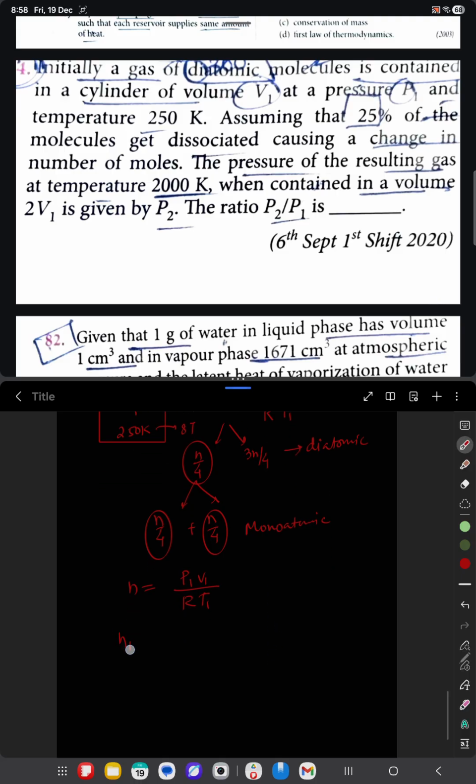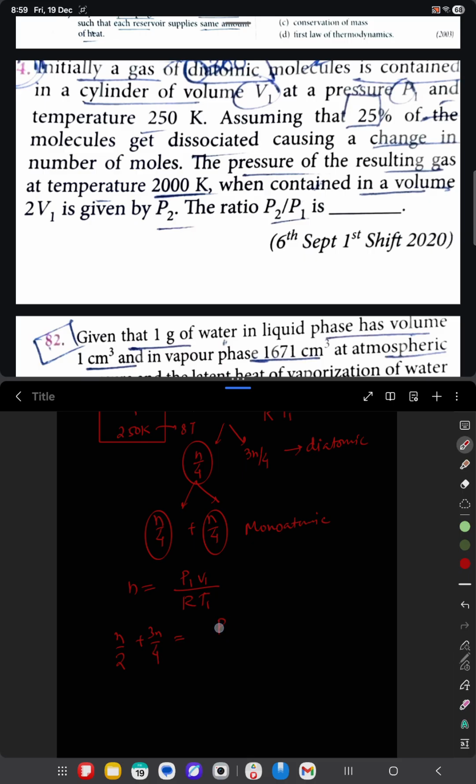Now N1 plus N2. N1 is n by 4 and N2 is n by 4 into 2. So N1 is n by 2 and N2 is diatomic, which is 3n by 4.